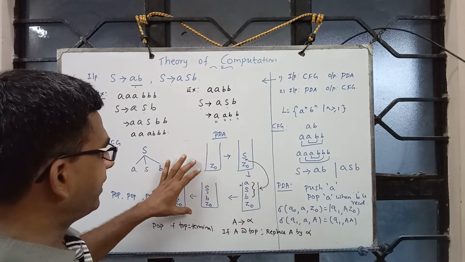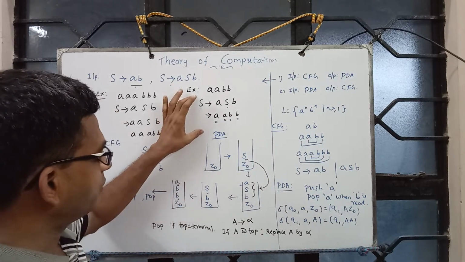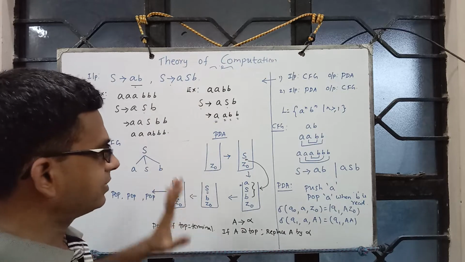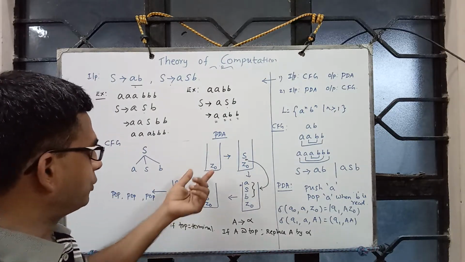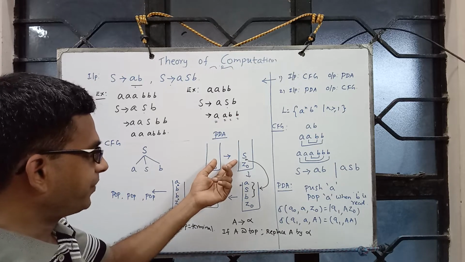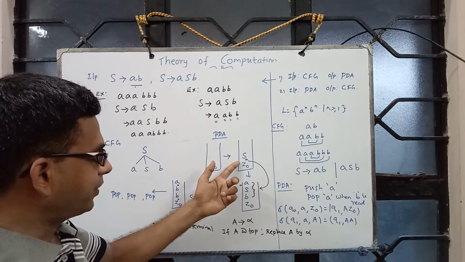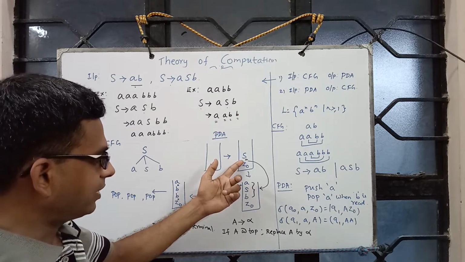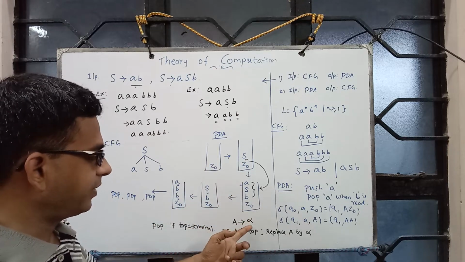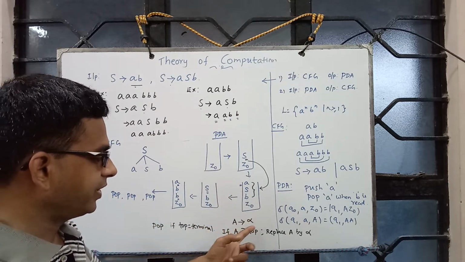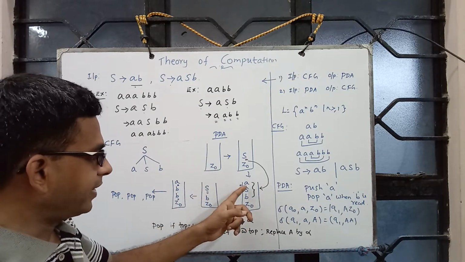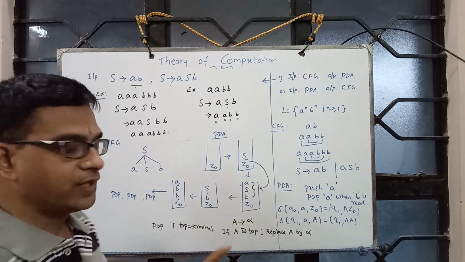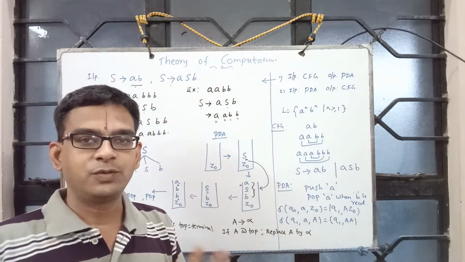We are simulating this leftmost derivation using this PDA. So the idea is to push the start symbol. Then whenever you have a non-terminal at the top, you replace the non-terminal with what is there on the right. But when you see a terminal on the top, you go for pop. That's all. Two simple rules.